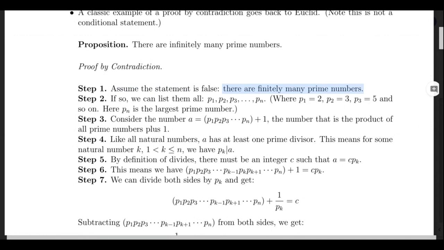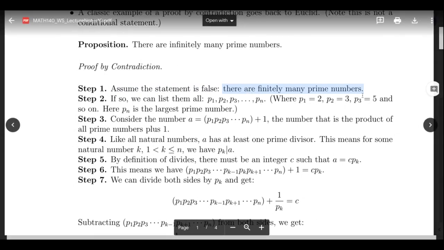So that's a contradiction. Because we derived a contradiction, the contradiction is saying the assumption must be false. The assumption is there are finitely many prime numbers, so false means not. There are not finitely many prime numbers, which means there are infinitely many prime numbers.